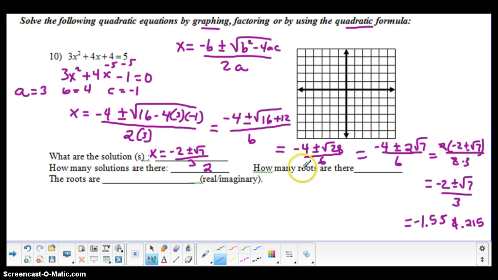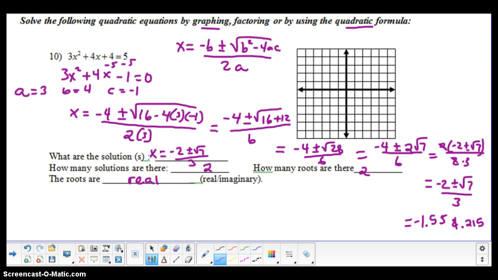And remember, roots can be imaginary or real. In this case, roots are real, and they will be the solutions here. So it would be 2. If there was a negative sign under our square root when we did the quadratic formula, then they would be imaginary. But in this case, our roots and our solutions are the same thing, and they would be real.